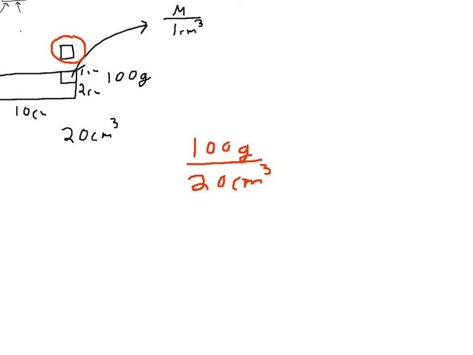Again, I don't have to cut the chunk out, I just divide. 100 divided by 20 is equal to 5 grams for every, the bottom number automatically always becomes a 1 when you divide. So 5 grams per 1 centimeter cubed, which is equal to 5 grams per centimeter cubed.